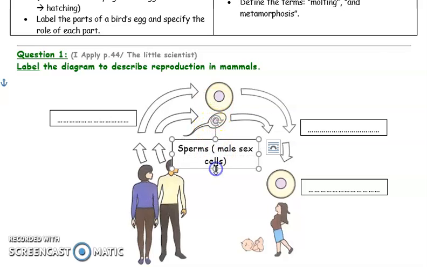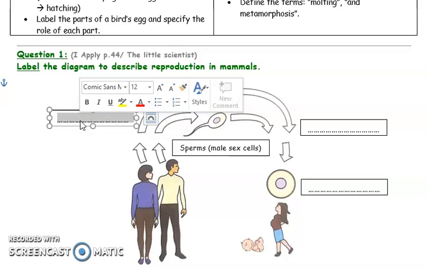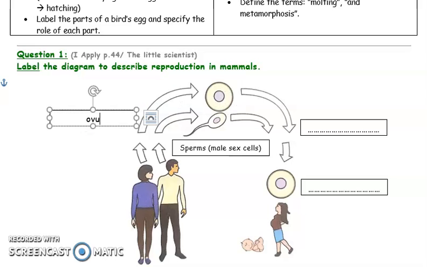It's enough to write sperms. And the females produce the ovum, which are the female sex cells. And it's enough to write ovum.